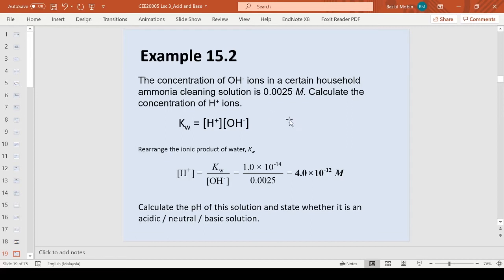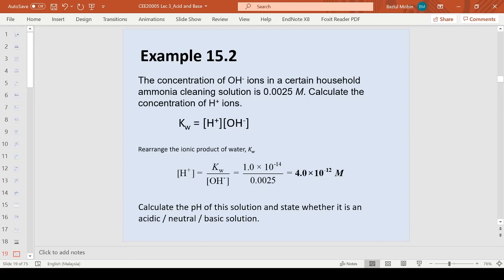To find the pH, we must have the hydroxyl ion concentration or the hydrogen ion concentration. Since the hydroxyl ion concentration is given, and for pH we need the hydrogen ion concentration, we should use the Kw value.